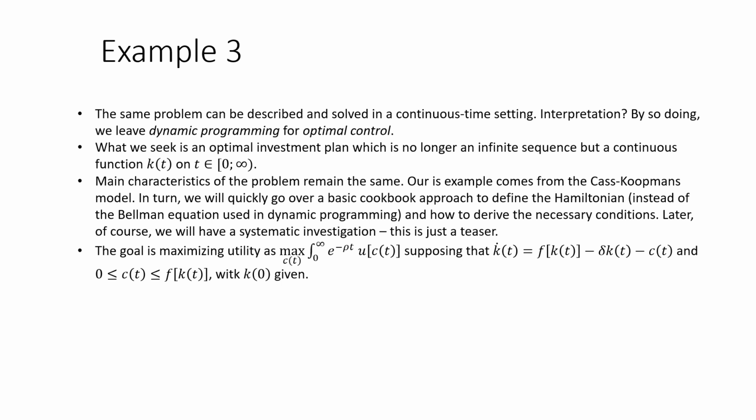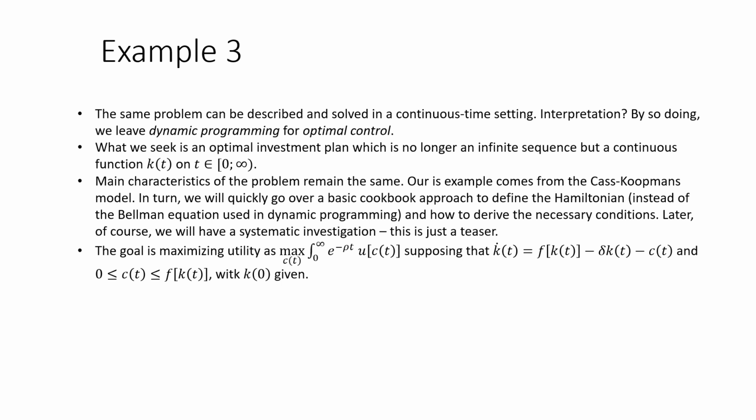We can formulate the same problem in optimal control theory, which means that we leave the vector space of infinite sequences. So we leave dynamic programming for the space of continuous functions and optimal control.